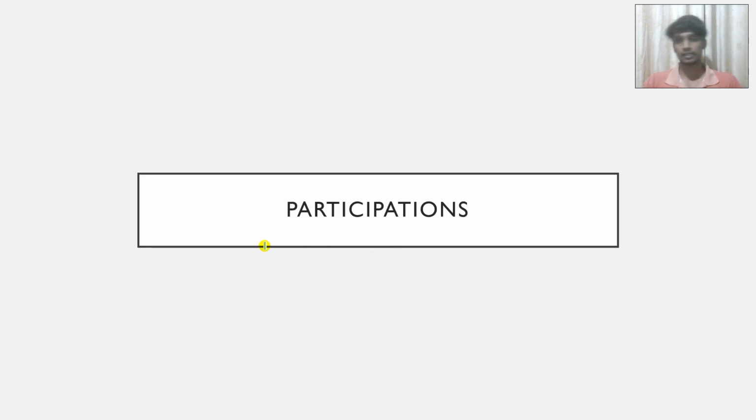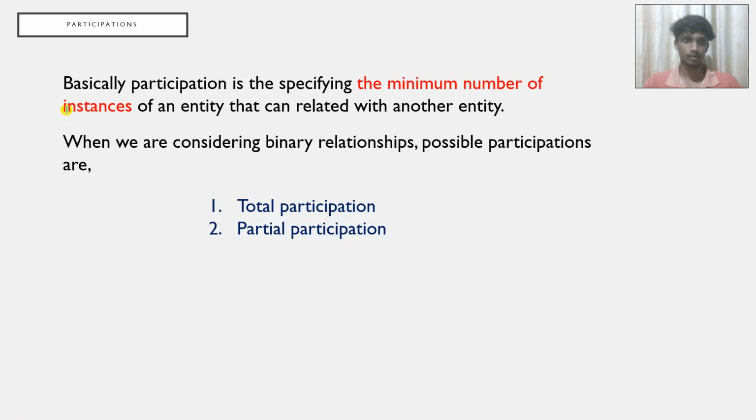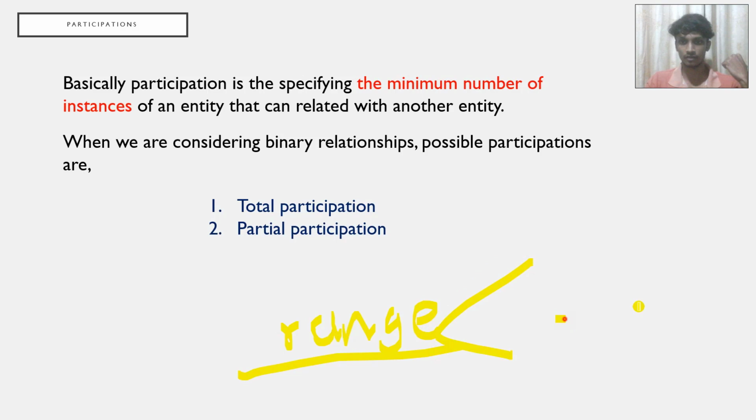Okay, so participation is the second topic, the second constraint. Basically, participation is specifying the minimum number of instances. If you remember the ranges I have drawn, this is the possible range. There will be a prominent range and a lesser range.